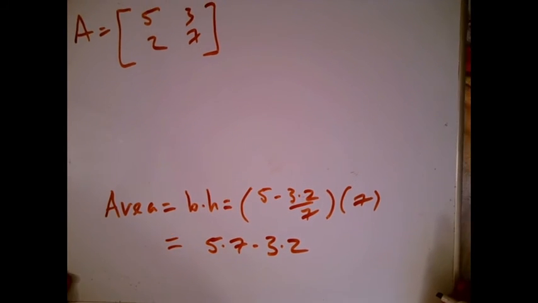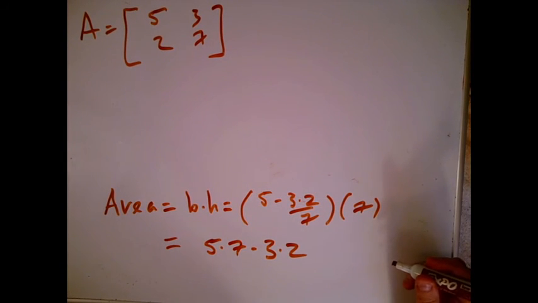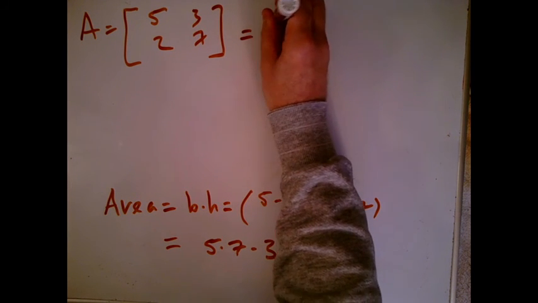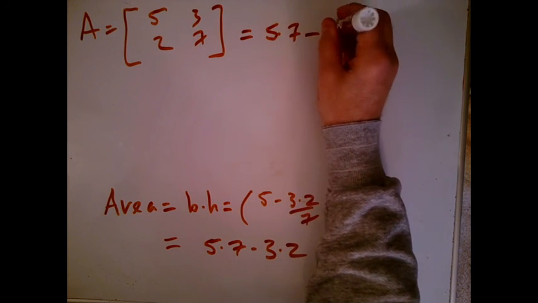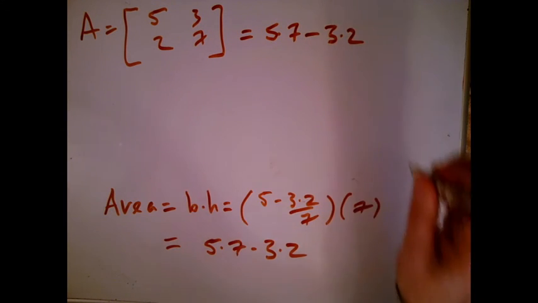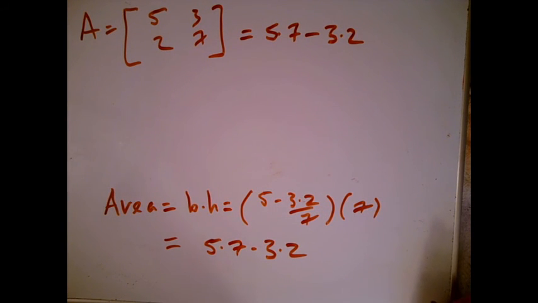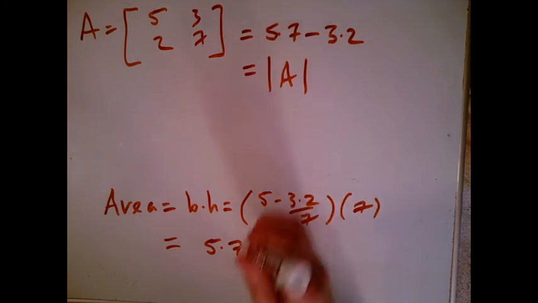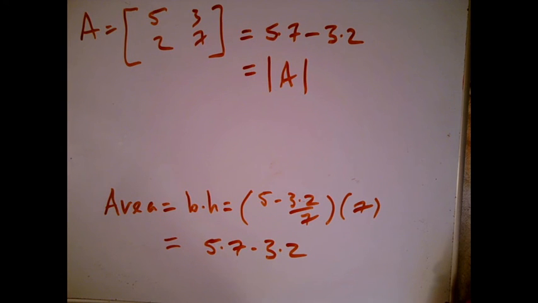And we find that the area of the parallelogram formed by the columns is equal to 5 times 7 minus 3 times 2. That should look very familiar to you from your linear algebra class. This is actually what's normally written down as the determinant of that matrix. But we can see by trying to find the area that we come up with the determinant.